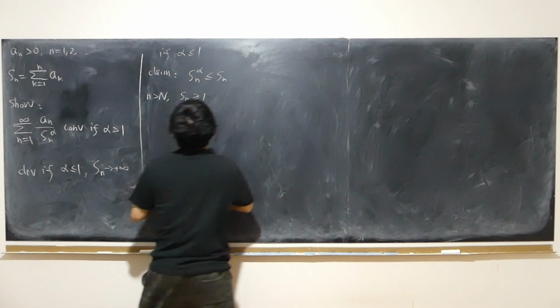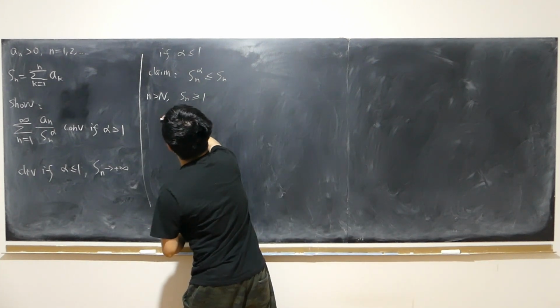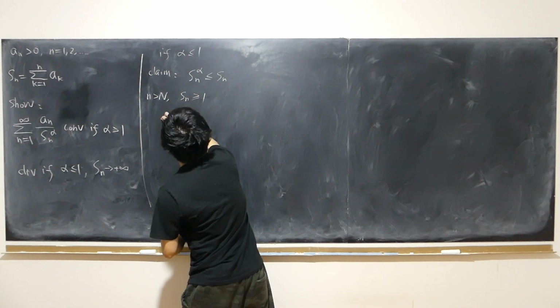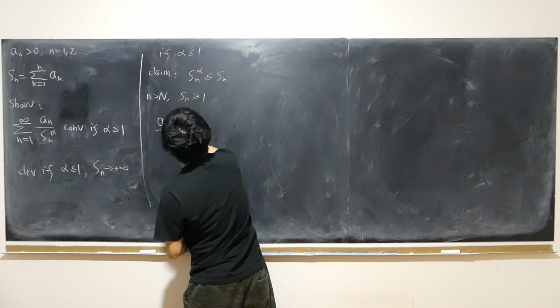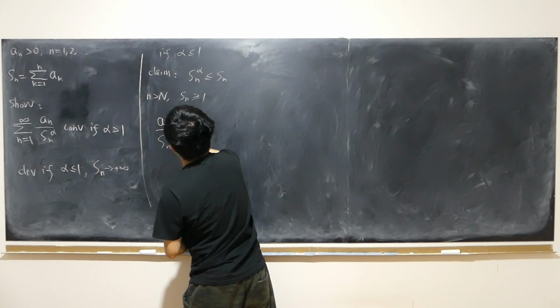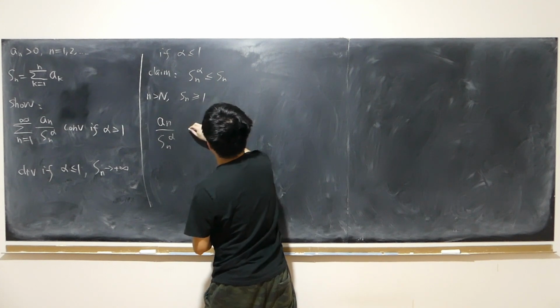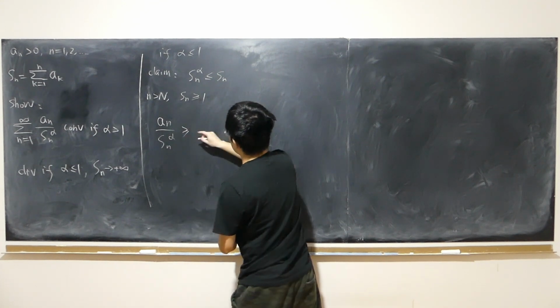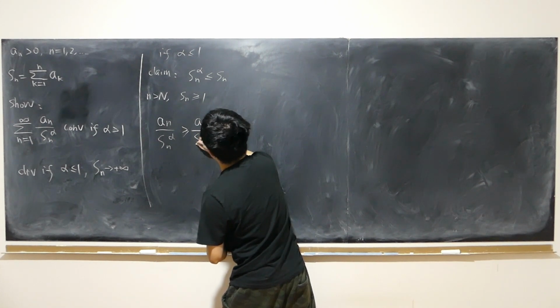So if that's the case, then let's look at an over Sn to the alpha. It must be, switching the direction, larger than or equal to an over Sn, right?